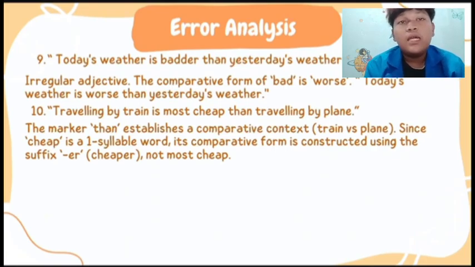The sentence then establishes a comparative context, train versus plane. Since cheap is a one-syllable word, its comparative form is constructed using the suffix, cheaper, and not more cheap. So it should be traveling by train is cheaper than traveling by plane.